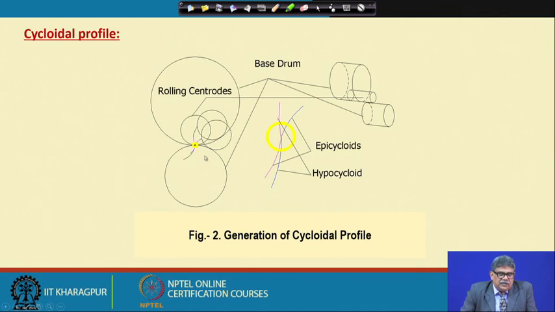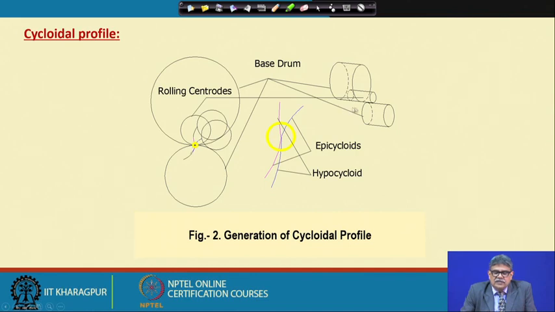Now, if we consider a point on this, then if we rotate this roller and take a point on this, then this point will generate a profile inside as well as outside, because this is the same way as I have shown in the earlier case.